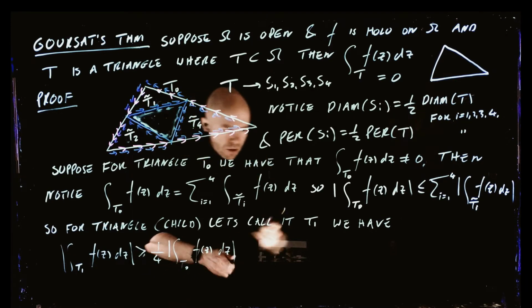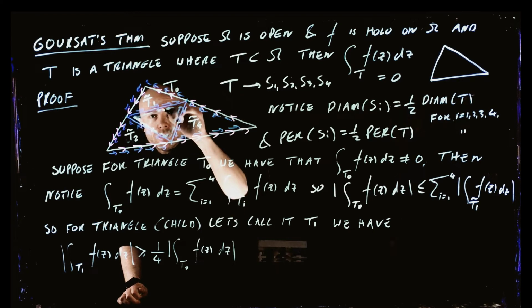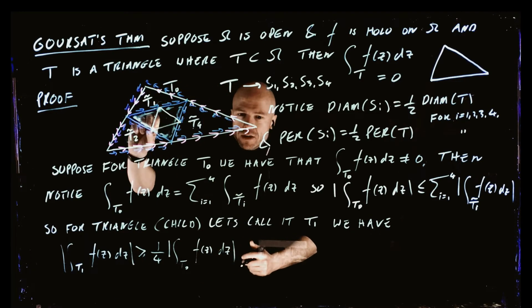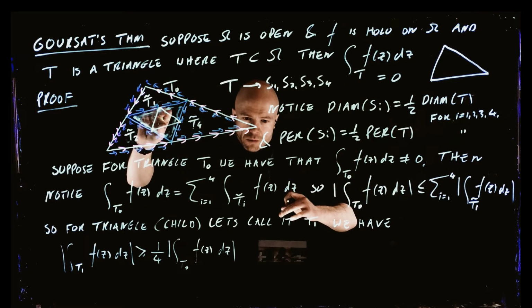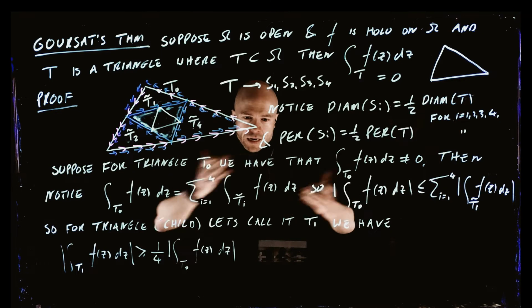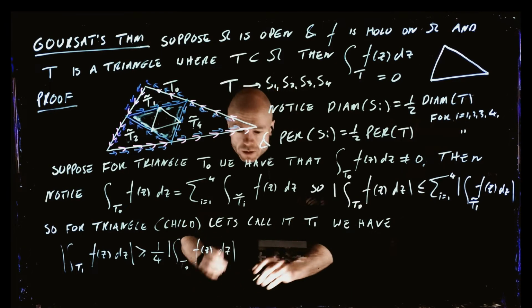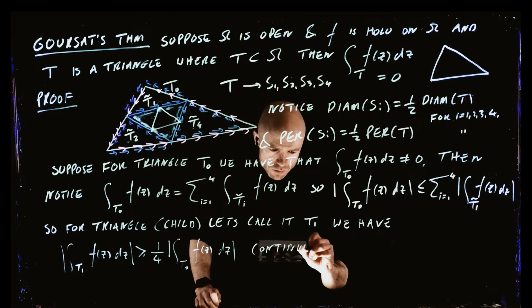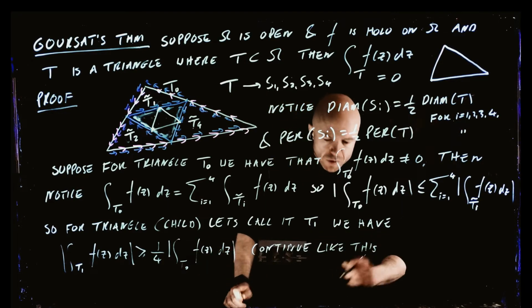So if this guy here was T1, then we're going to cut this guy again into 4 subpieces, like this, like this. And we're going to find the child which has at least a fourth of the absolute value of the integral around T1, by exactly the same argument. Cool. So we can continue like this.